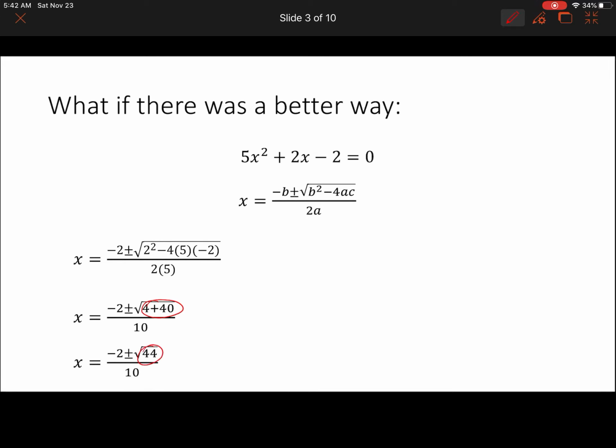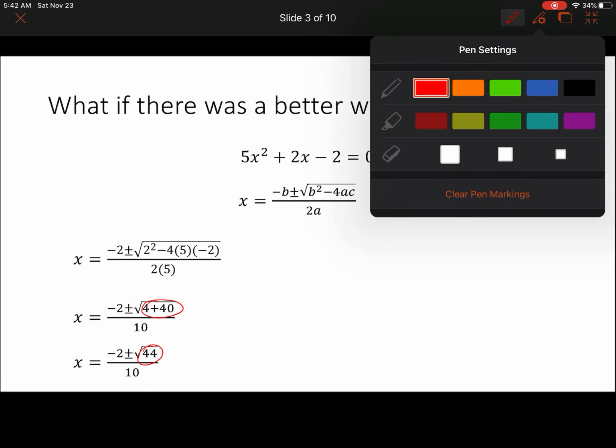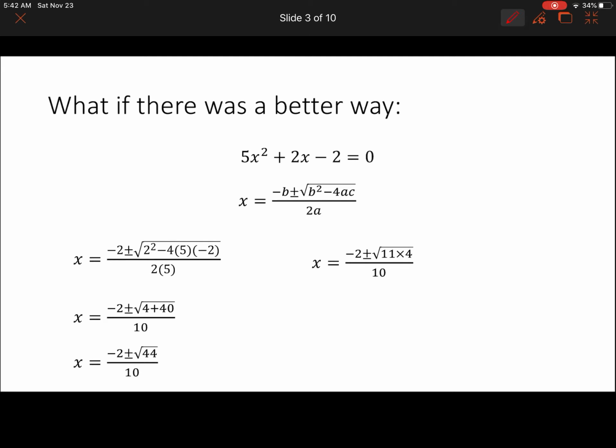Of course, nothing is being changed here except the 40. 4 plus 40 is 44. But we write down everything else the same. And then finally, to be honest, we're pretty much done. The only difference is I break up this 44 into 11 times 4. I just broke that up.